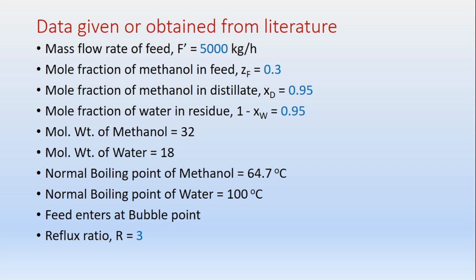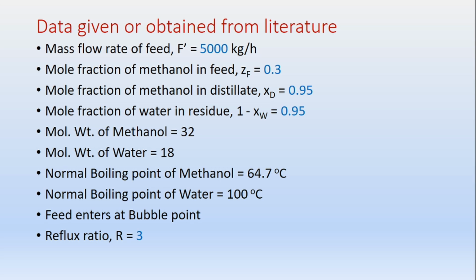So data given: we are given the mass flow rate of the feed, 5000 kg per hour, the mole fraction of methanol in feed, ZF, is 0.3, the mole fraction of methanol in distillate, XD, is 0.95, and the mole fraction of water in residue is 0.95, which is 1 minus XW. XW will be 0.05.